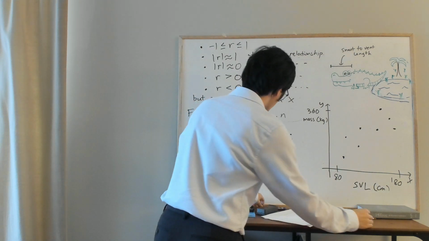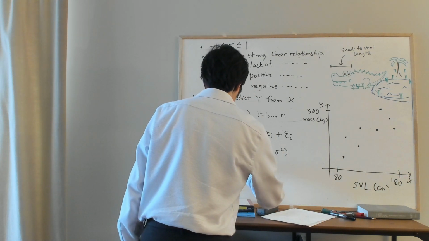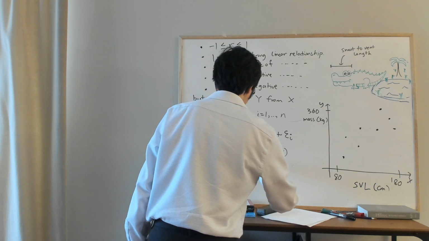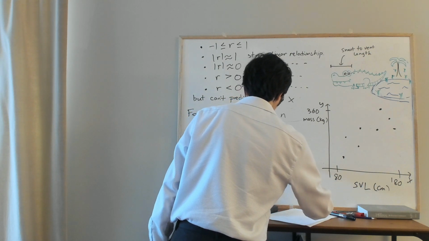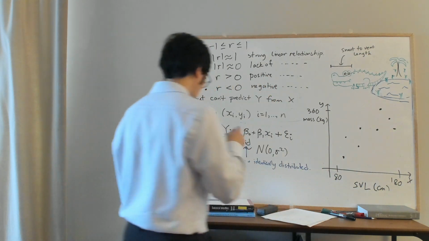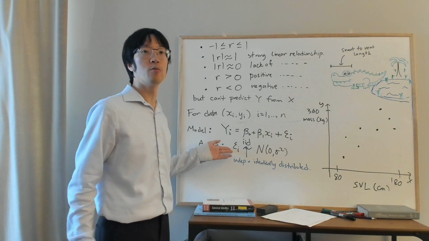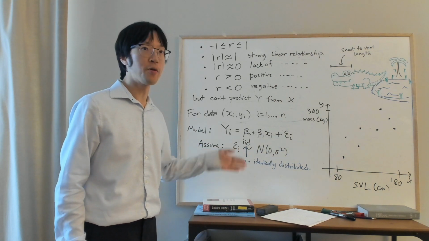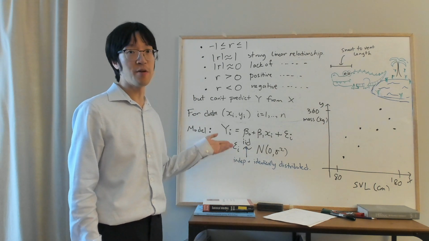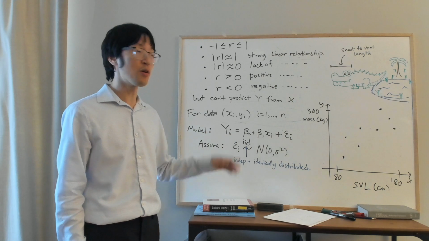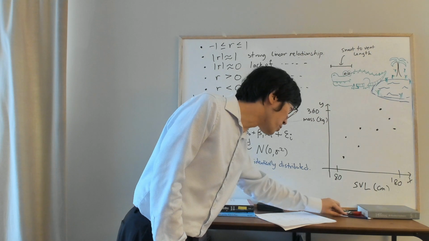It means that all of these epsilons are independent and identically distributed. Of course, in practice, when we actually fit data, we will need to verify, or at least be willing to check, that this is indeed a reasonable assumption for our data. We will get to that later on in our course.